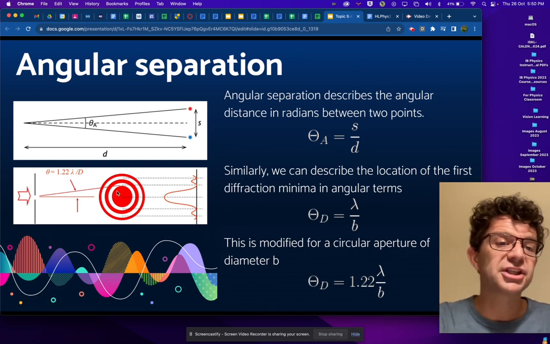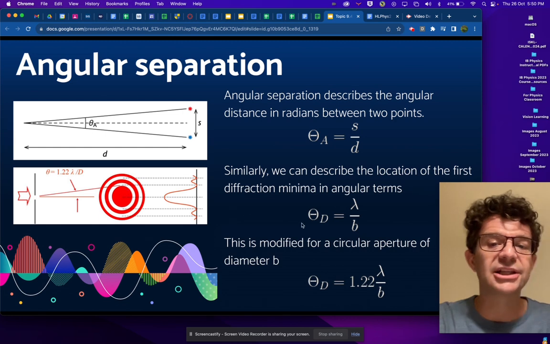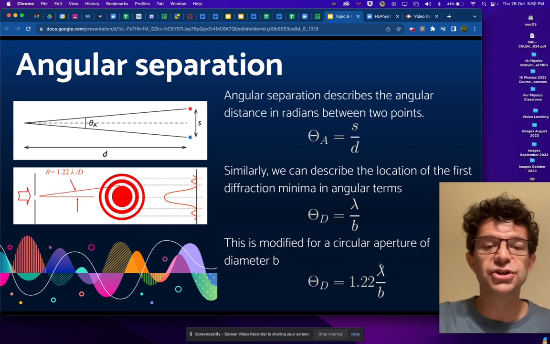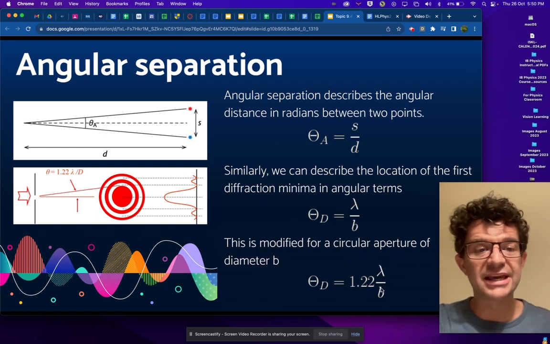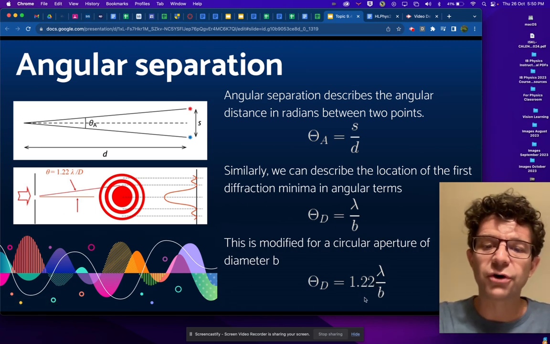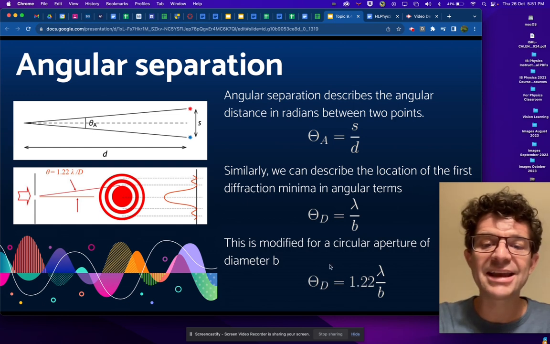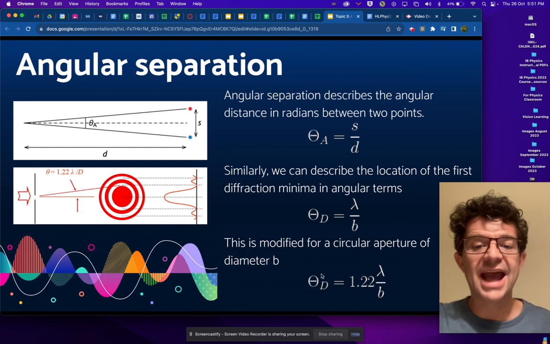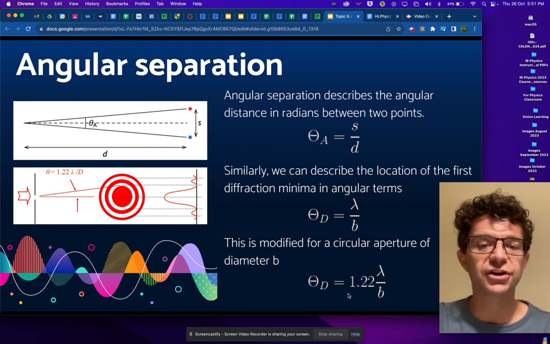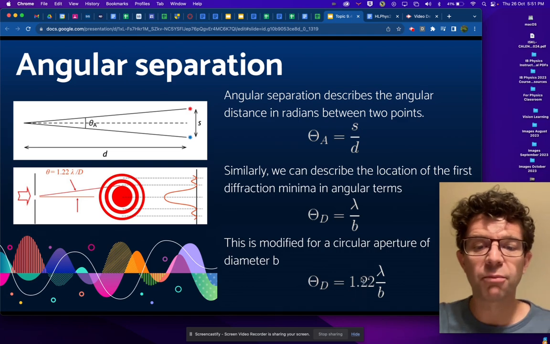And the diffraction minimum isn't actually located at lambda over b. It actually ends up being at 1.22 lambda over b, where b is the diameter of the hole. So you'll often see this coefficient of 1.22 that shows up for the angle of diffraction. That's because we're looking at a circular aperture. That's where that 1.22 comes from.